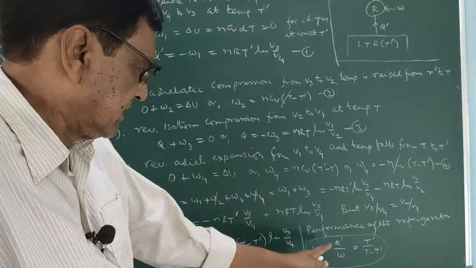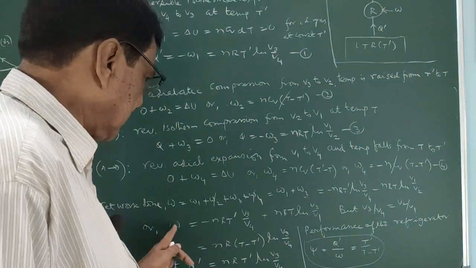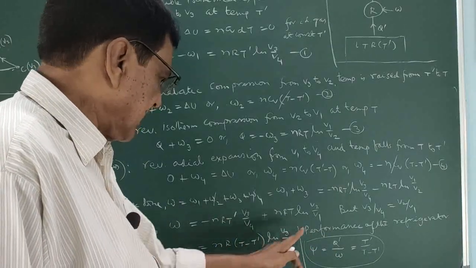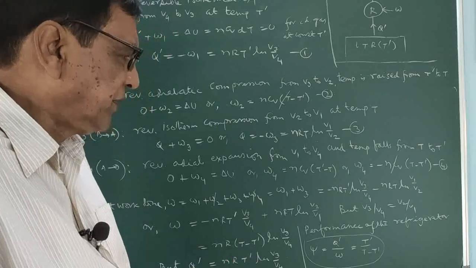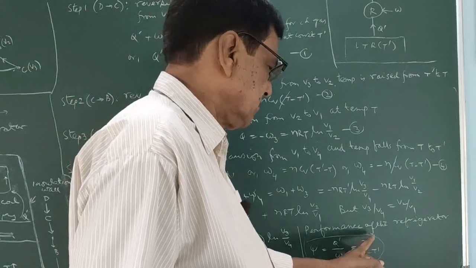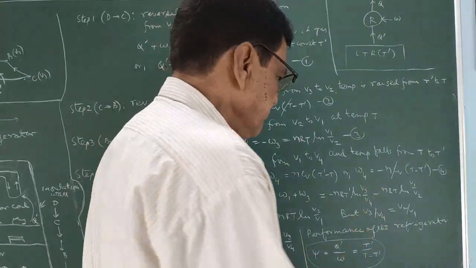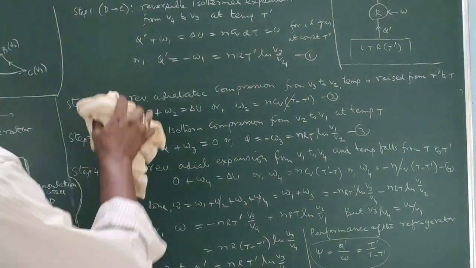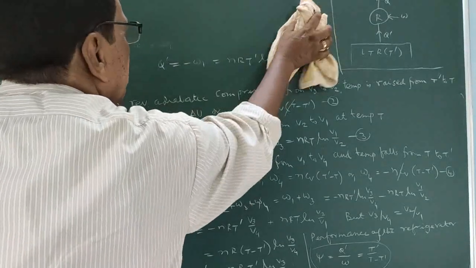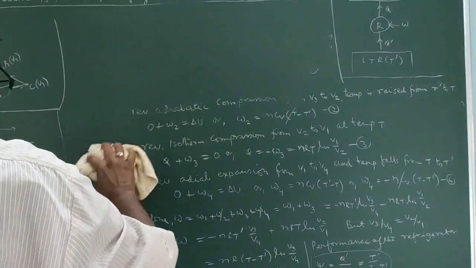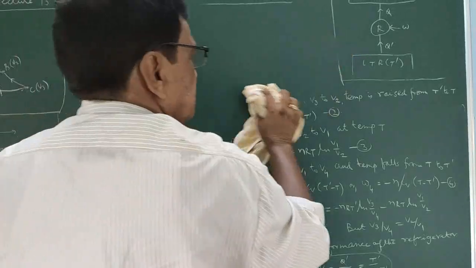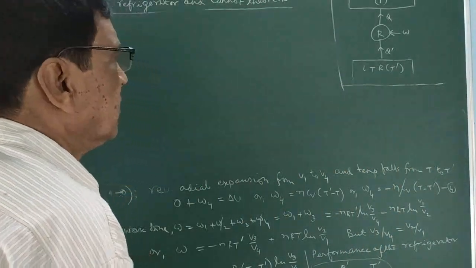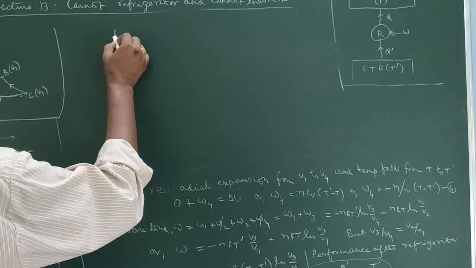So cancelling, Q dash and W, whenever this ratio has been taken, it is T dash by T minus T dash. So this efficiency, or I can say here the performance of this refrigerator, depends on the temperature of this source and sink.